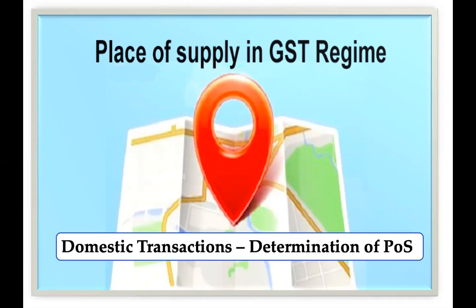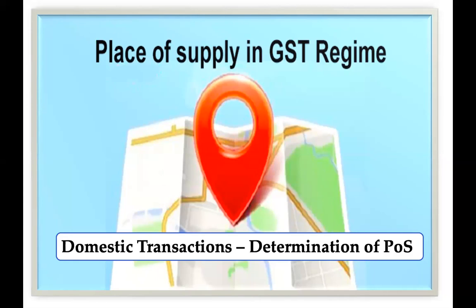When it comes to why we need to know about place of supply, I think we will all instantly answer that the nature of supply can be decided only if we have a very important term called place of supply, in which place the supply of goods is completed, in which place the supply of services is completed. We have a definition for it, which is what we are going to learn.